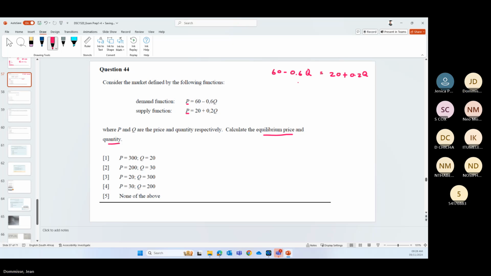And very much so, again, nearly tips for you guys, because they give it to us as P is equal to and P is equal to, work out the Q's first. If I said in this instance, let me just rewrite it a bit.